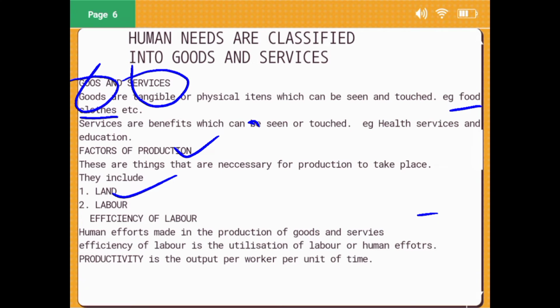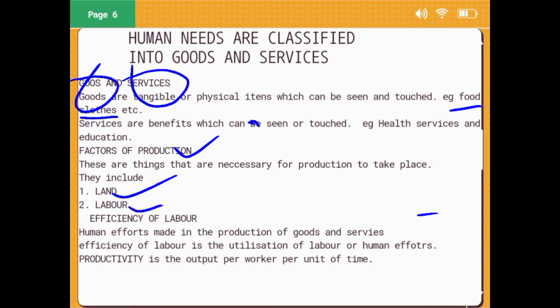Are we together there? Then 2, we have labor. Labor is simply human effort made in the production of goods and services. We're talking about factors of production here. So land, I've explained land. Now, can you produce goods without land? Where can you produce from? In the atmosphere?